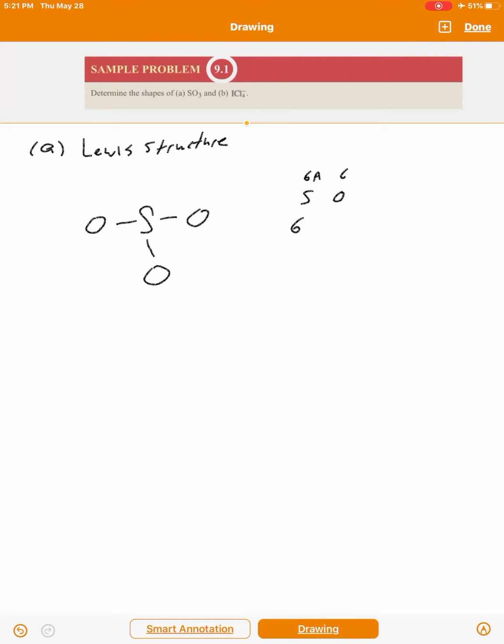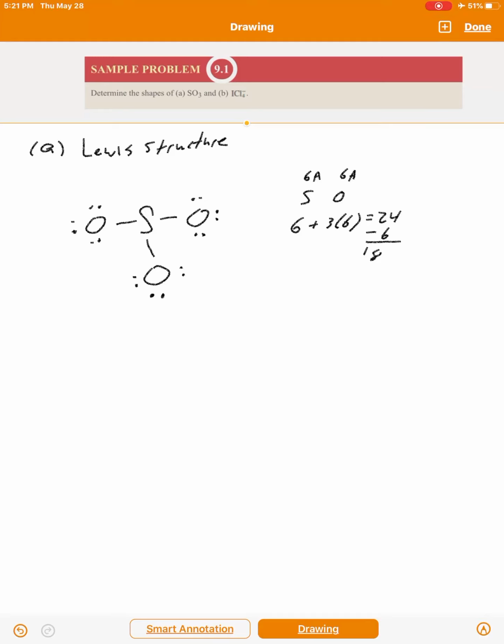Oxygen is also in 6A. There are 3 oxygens, so that's 24. We've already used 6, so we're down to 18. We distribute those 18 electrons equally on the surrounding atoms, if possible, in the form of lone pairs. This is all Chapter 8 material.